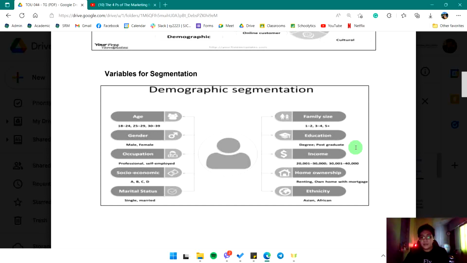And madali lang tong kunin, no? Madali lang siyang hanapin. Pero malaki ang impact nito pag tayo ay gumagawa na ng research.